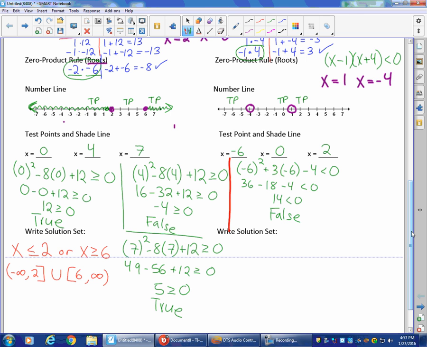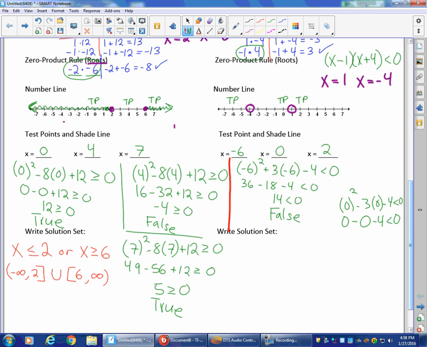Alright, so on the other side, now I need to test 0. So 0 squared plus 3 times 0 minus 4, is that less than 0? So 0 squared is 0, plus 3 times 0 is 0, minus 4.